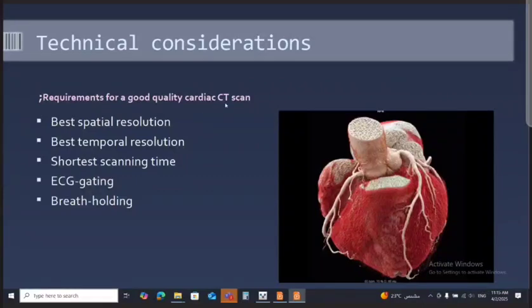Requirements of good quality cardiac CT regarding the scanner: we have to have the best spatial resolution and temporal resolution, the shortest scanning time. We have to do ECG gating and breath holding while scanning.